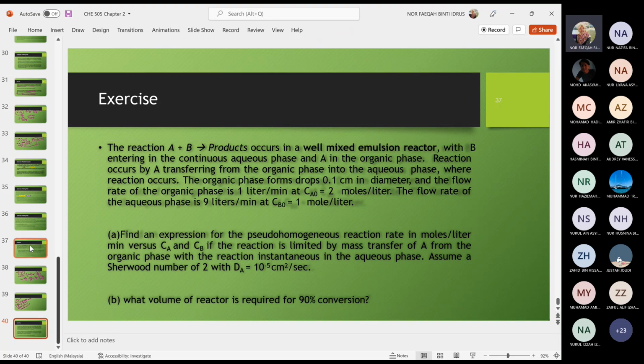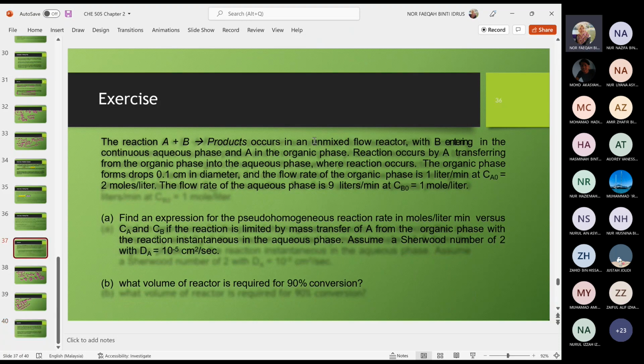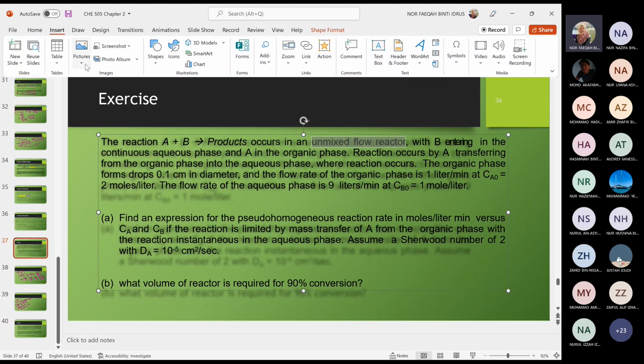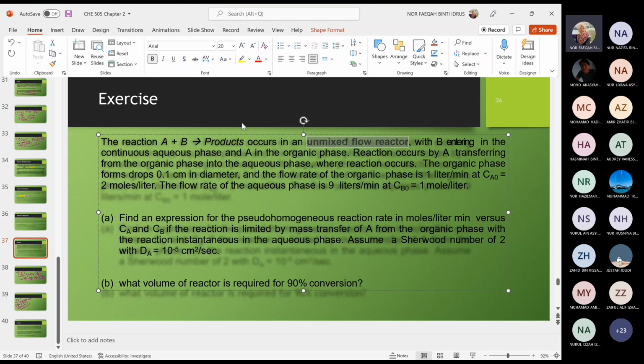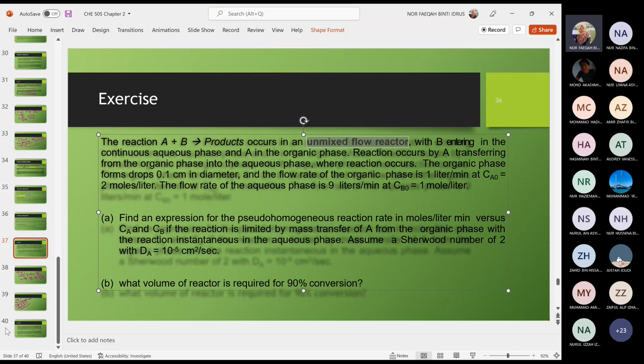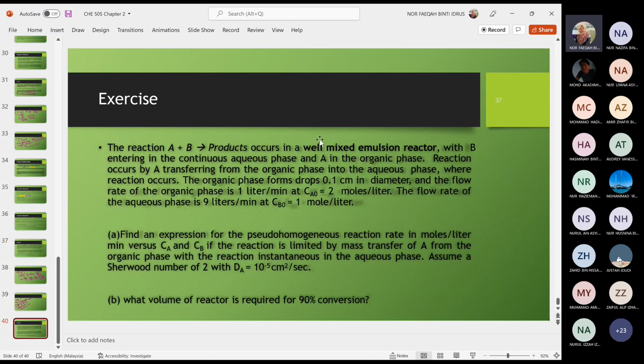Maksudnya tadi kalau soalan tadi unmixed flow reactor. So beza dia unmixed flow, we can model it as a PFR. Kalau yang ni unmixed, mana tak gerak. Kalau yang ni well mixed, so it can be modeled as a CSTR. Itu je beza dia.